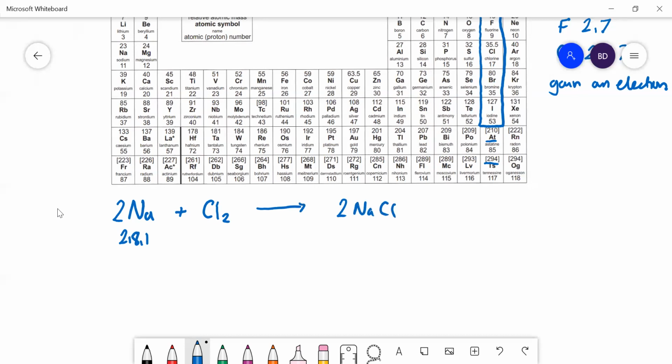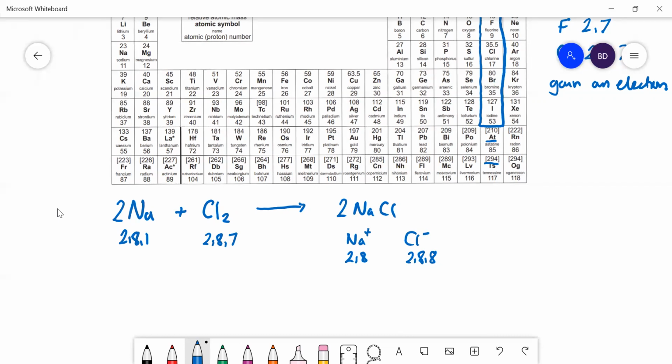The electronic structure of chlorine there is 2, 8, 7. So 1 electron is transferred to chlorine from sodium. So this sodium chloride actually consists of a positive sodium ion with the electronic structure 2, 8, and a negative chloride ion because it's gained an extra electron, with electronic structure 2, 8, 8. So both elements have gained noble gas electronic configuration.